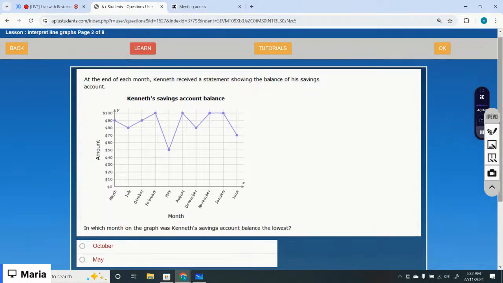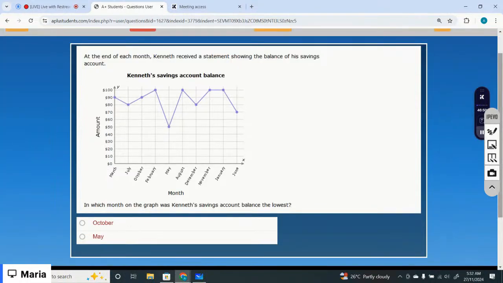At the end of each month, Kenneth received a statement showing the balance of his savings account. In which month on the graph was Kenneth's savings account balance the lowest?